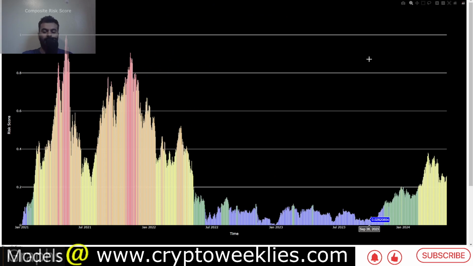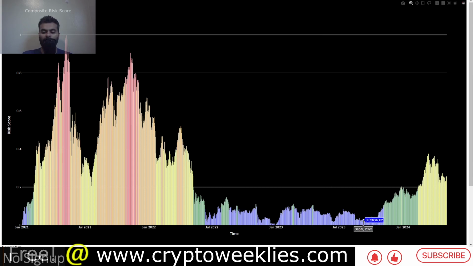This is a composite risk score normalized between 0 and 1 based on the price data for the top 100 cryptos by market cap. It is also color coded from dark blue to dark red, kind of like a heat map of the risk, where the lower risk is in blue.